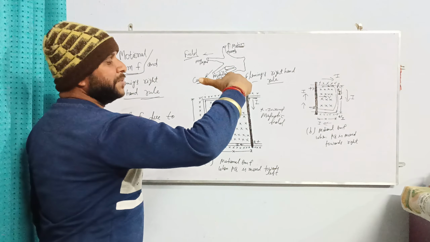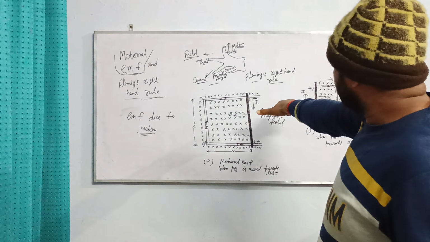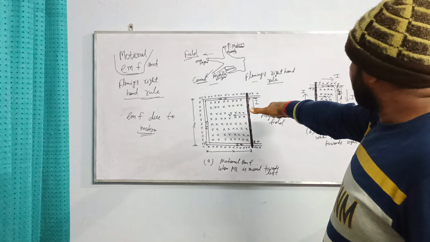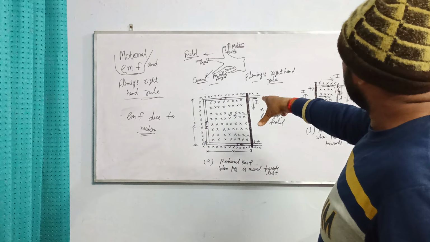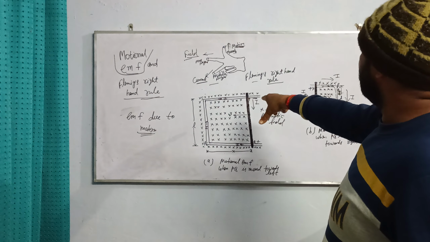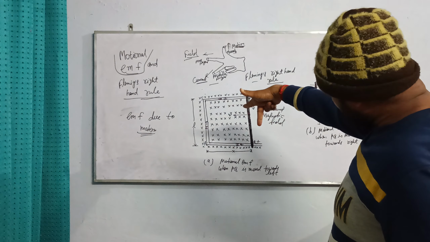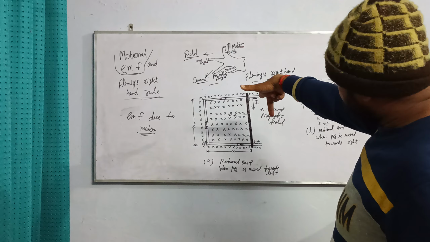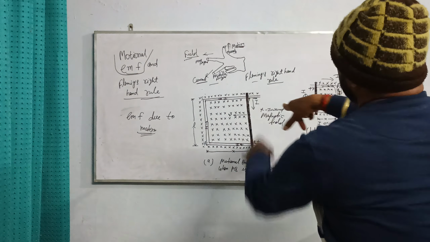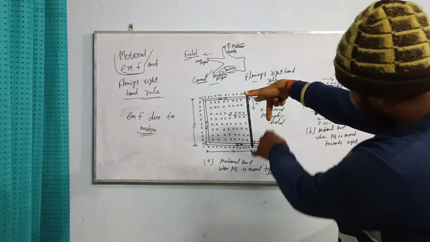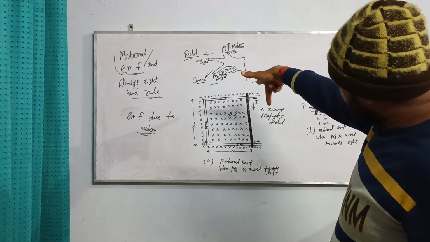If my thumb represents the direction of the motion of the PQ conductor, and the forefinger represents the direction of the magnetic field, then the middle finger will represent the direction of the current in that conductor.